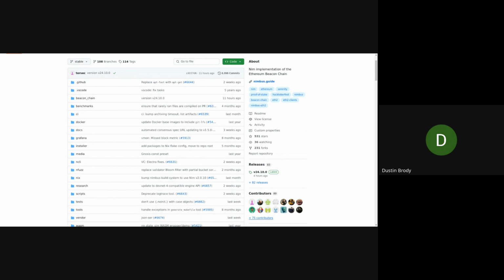This is a mesh overlay network on top of the internet, based on P2P. If attacks can go through that, they are effective if you can make them work. There's also a beacon API, which is essentially an HTTP REST server, and so this is another potential avenue of attack.